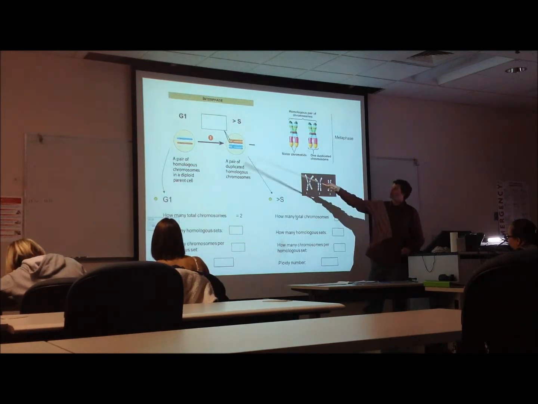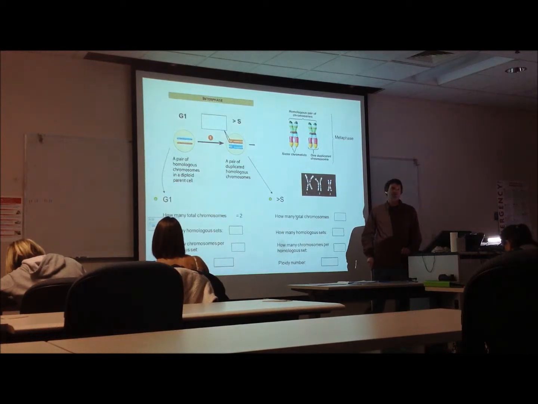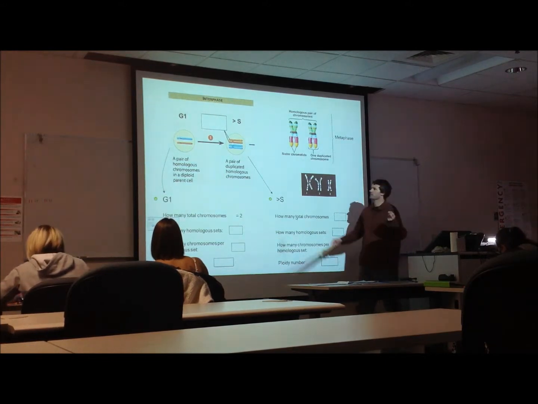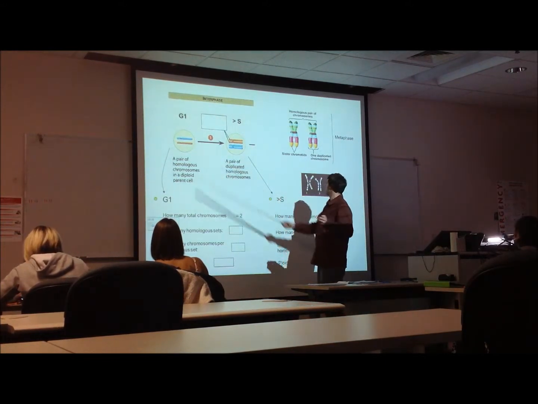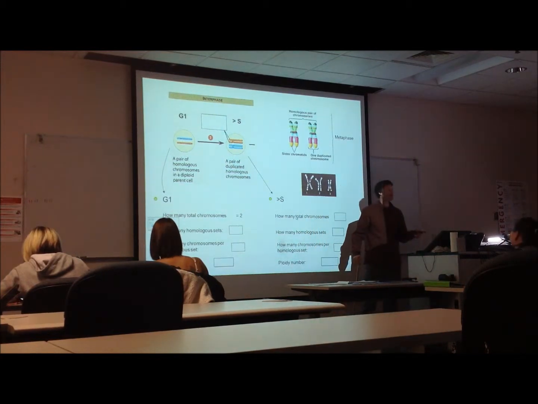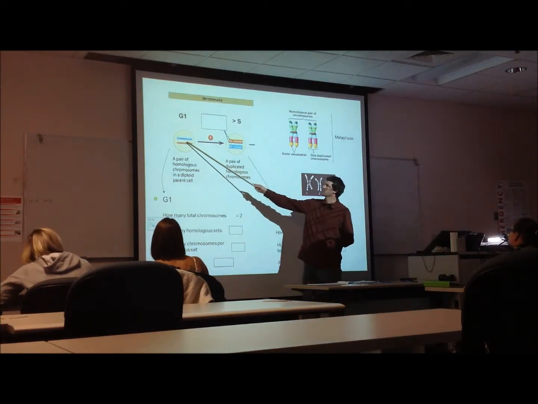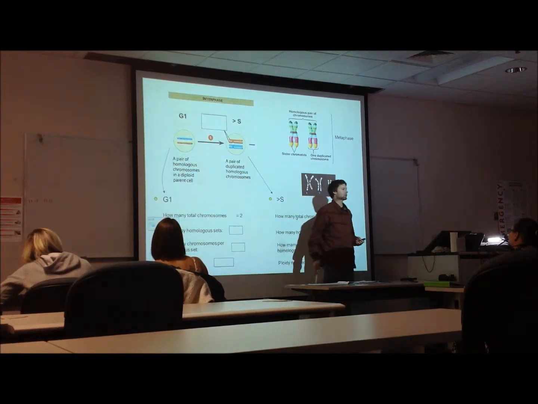And how can you tell that there's 1 homologous set? What is it about those chromosomes that makes you think they're a homologous set? They're identical. They're identical with regard to length, centromere position. If we were to stain them and put them on a karyotype, they would stain the same. What's the other thing homologous chromosomes have in common?